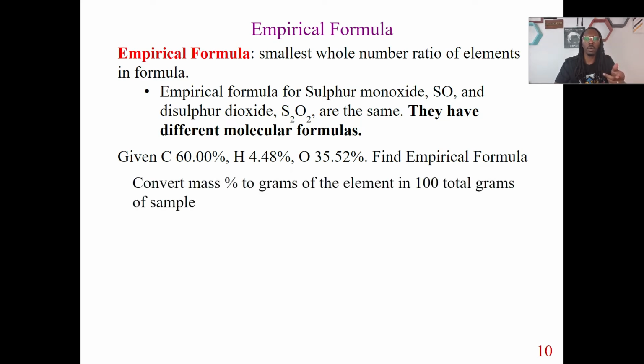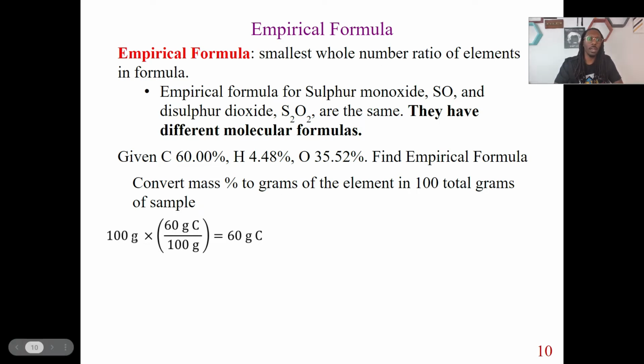The first thing you want to do is convert your mass percent to grams of the element, basically where it's like 100 total grams of a sample. For instance, let's say we're looking at carbon here. I want to set it up to where my 60% is just 60 grams of carbon over 100 grams.